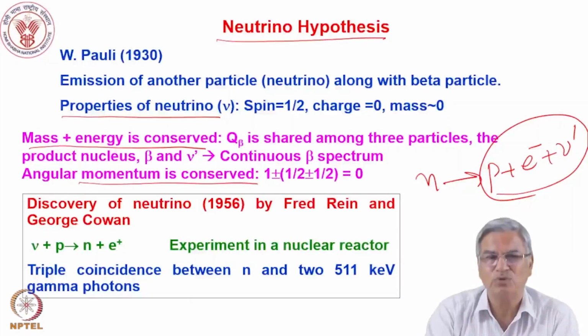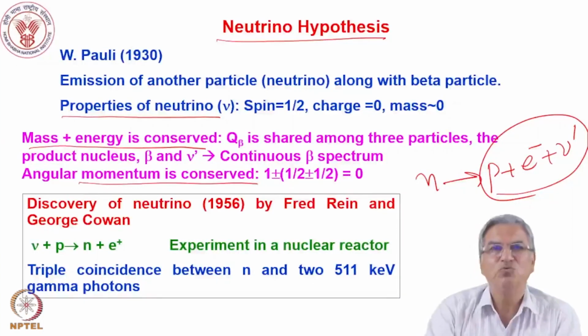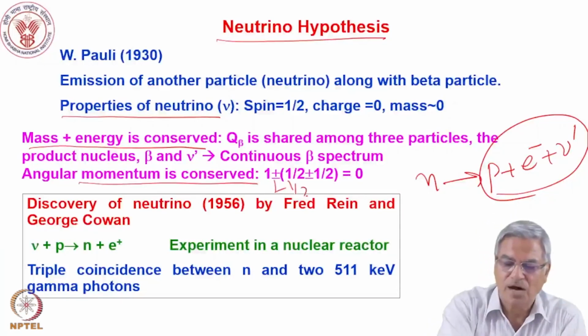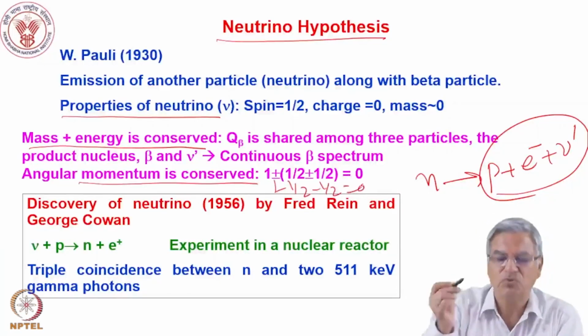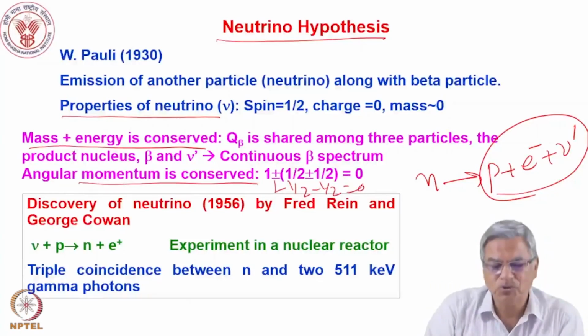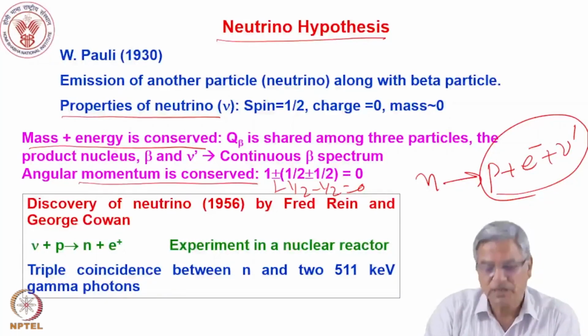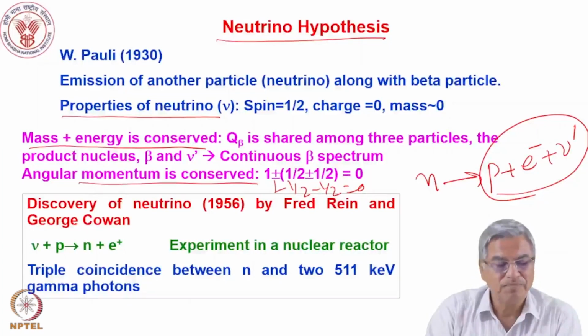Here S1, S2, the electron and neutrino, can give you zero spin. For example, 1 minus half minus half can be 0. So it is now possible to explain the conservation of angular momentum by a spin half neutrino, and it is also possible to explain the continuous nature of the beta spectrum.